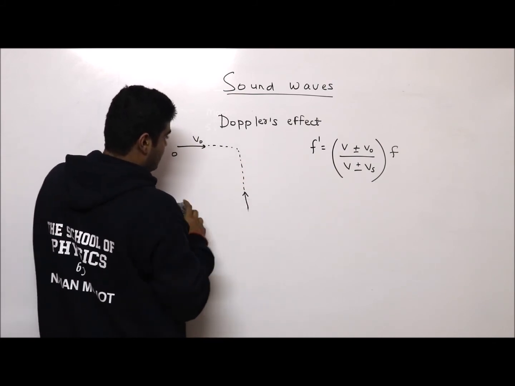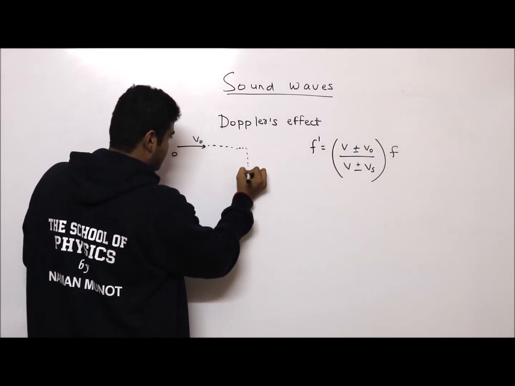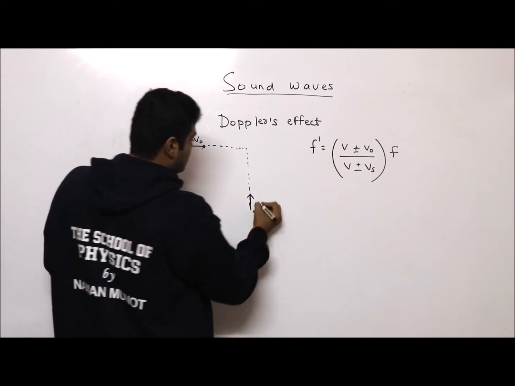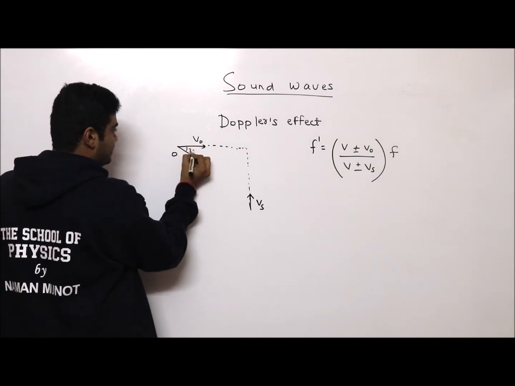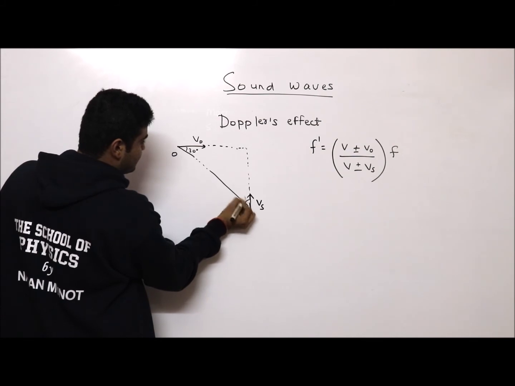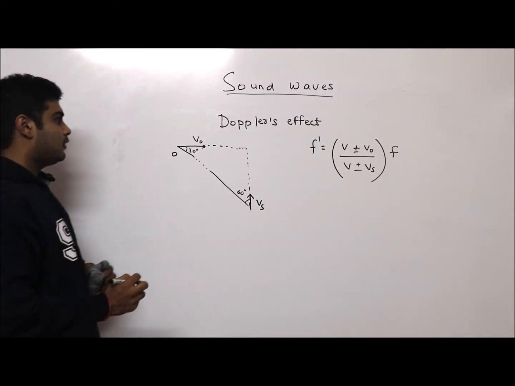This is not a straight line. Here we have the source moving in this direction. Suppose this is 30 degrees, and then this becomes 60 degrees. So we have to write the Doppler effect for this.